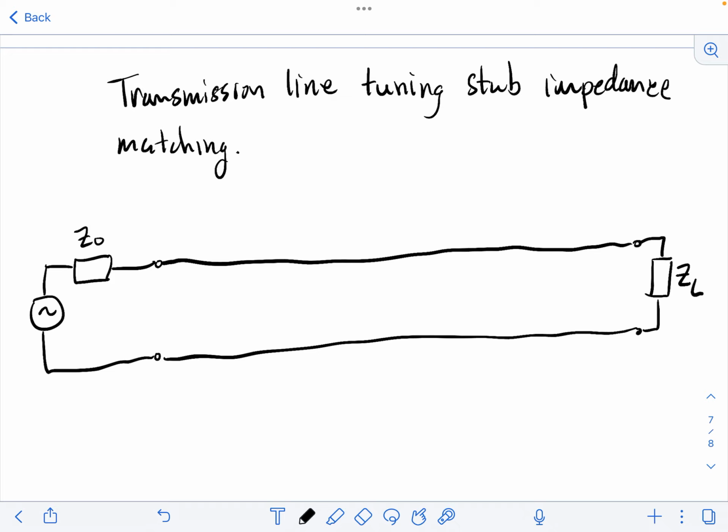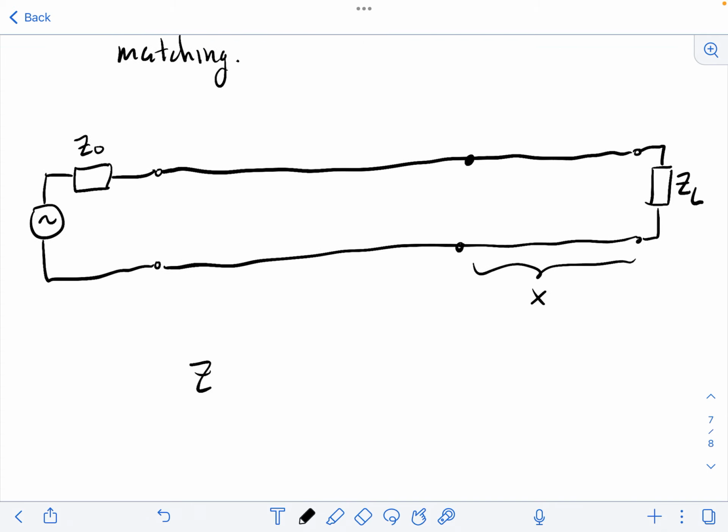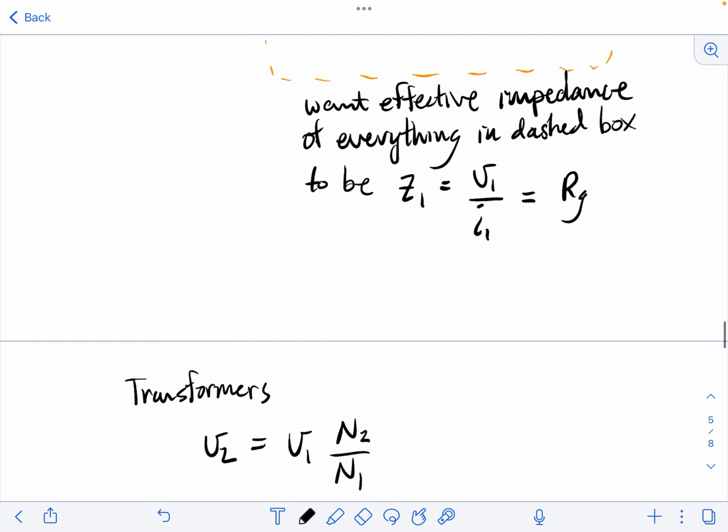So the strategy is going to be to create a junction somewhere along this transmission line. And so maybe that junction occurs here, so that this length is perhaps X. And what we can do is we could calculate the impedance, let's say ZX, that occurs right here. ZX is going to be equal to the characteristic impedance of the transmission line times, well, that's something we started with here. So let's go all the way back.